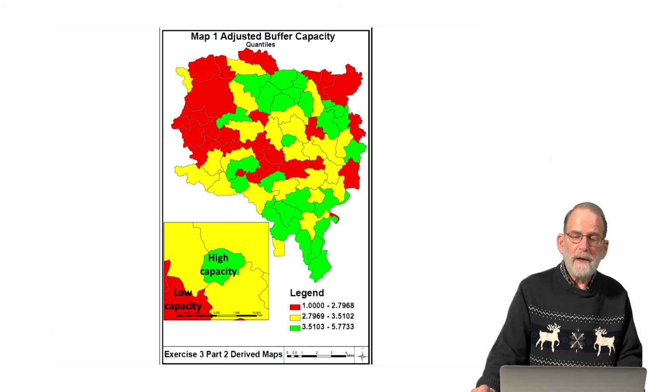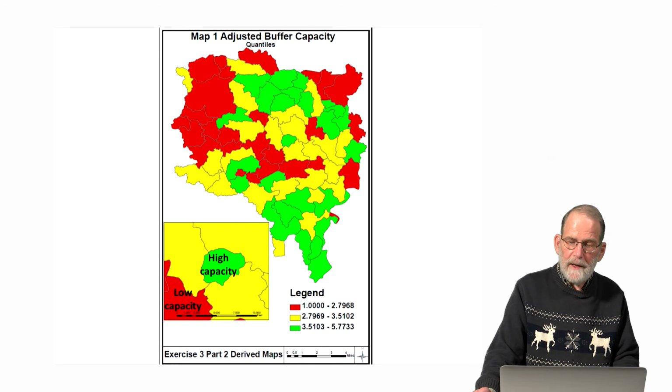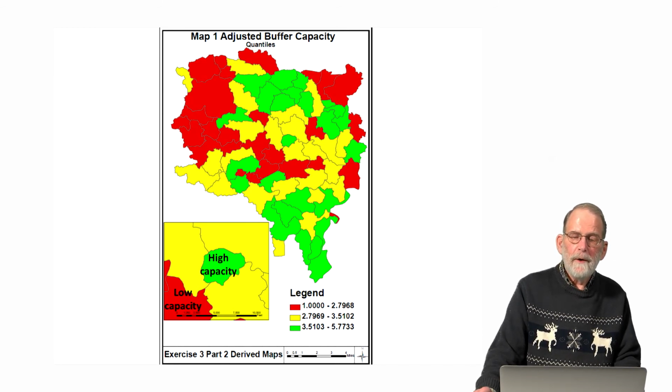And again, here we can categorize them into 3 classes. The green represent high buffer capacity. They have a large capacity to buffer out contaminants before they are discharged into bottomland areas. And the red areas represent low buffer capacity.